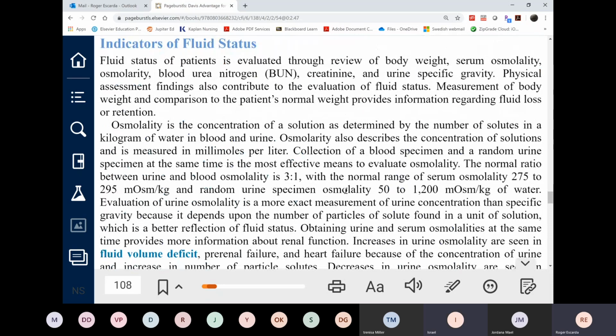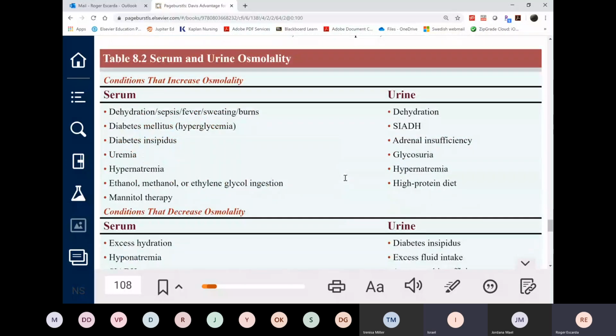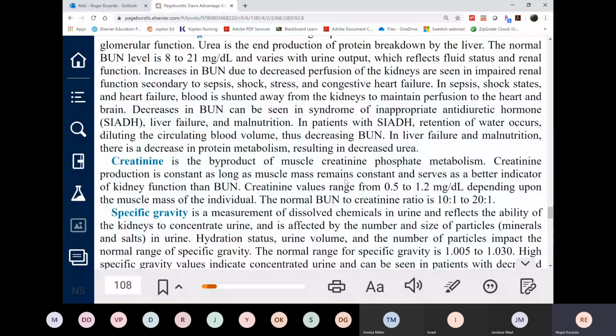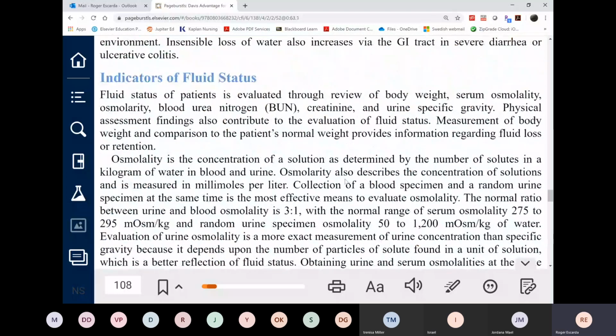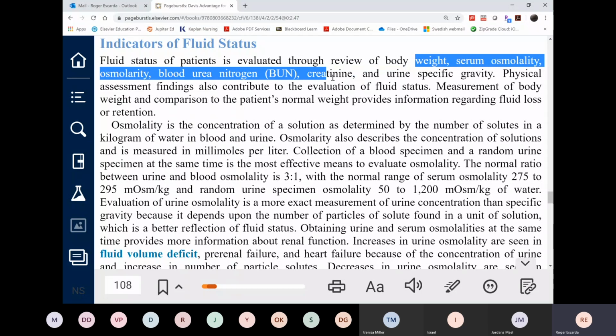All right, so let's start with what are these indicators? So you have a long list here, starting from weight, serum osmolarity. Serum osmolarity meaning the concentration of your plasma specifically. BUN, creatinine and specific gravity.